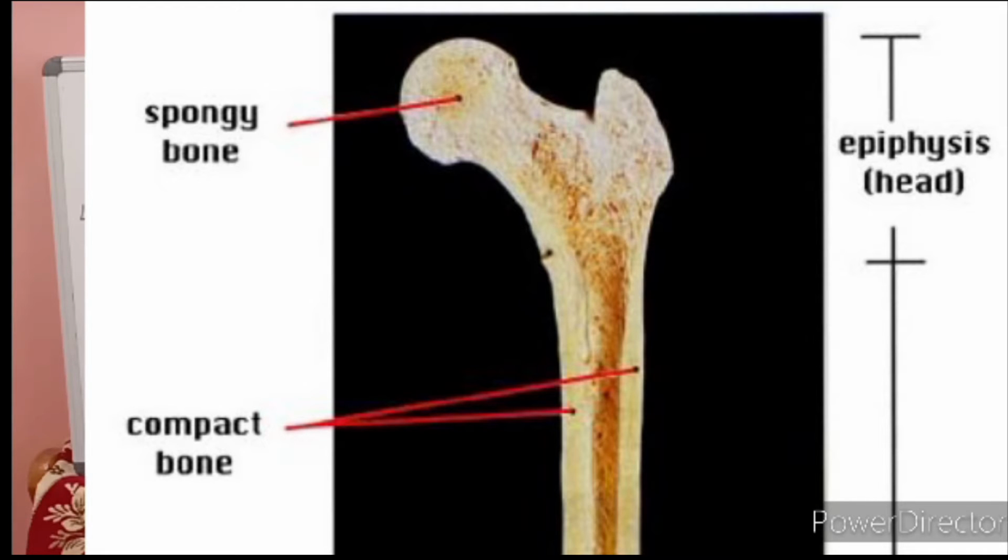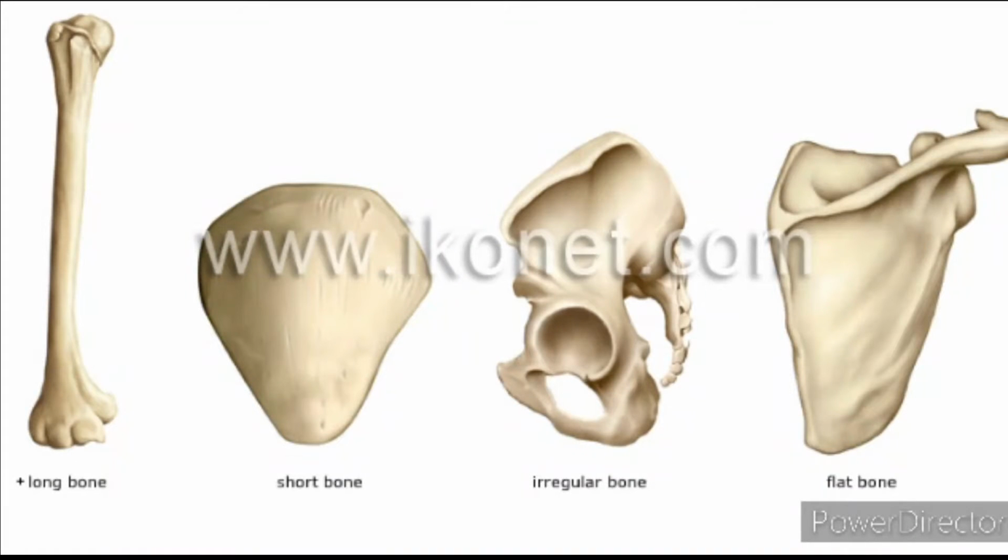These bone cells are embedded in a web-like structure of organic salts like calcium and phosphorus. These salts give strength to the bone. Collagen fibers and some ground substances also provide flexibility to the bones.